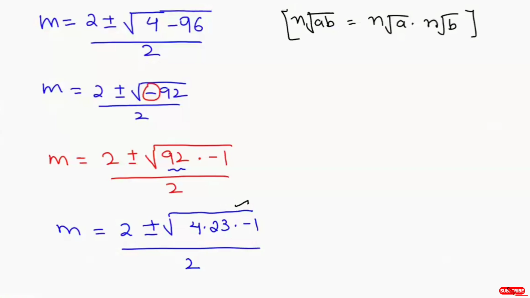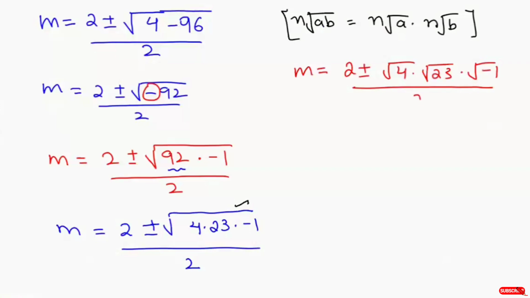So this will turn to m is equal to 2 plus minus root of 4 times root of 23 times root of negative 1, over 2. And as you know, root of negative 1 is equal to iota, the imaginary number.